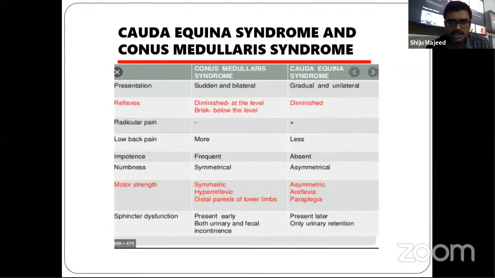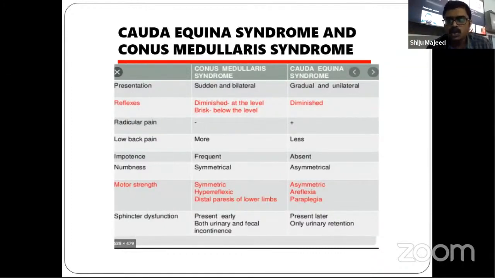Then if you look at the sensory, the numbness or paresthesia is going to be asymmetrical. Then the LMN type of reflexes are going to be there, either absent or diminished. When you look at the autonomic system, the bladder involvement is late. Most often the bladder involvement is urinary retention.